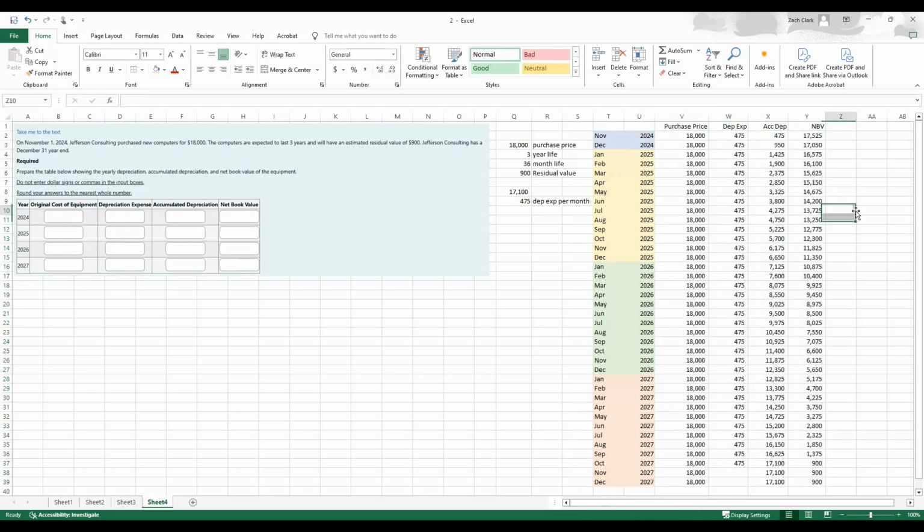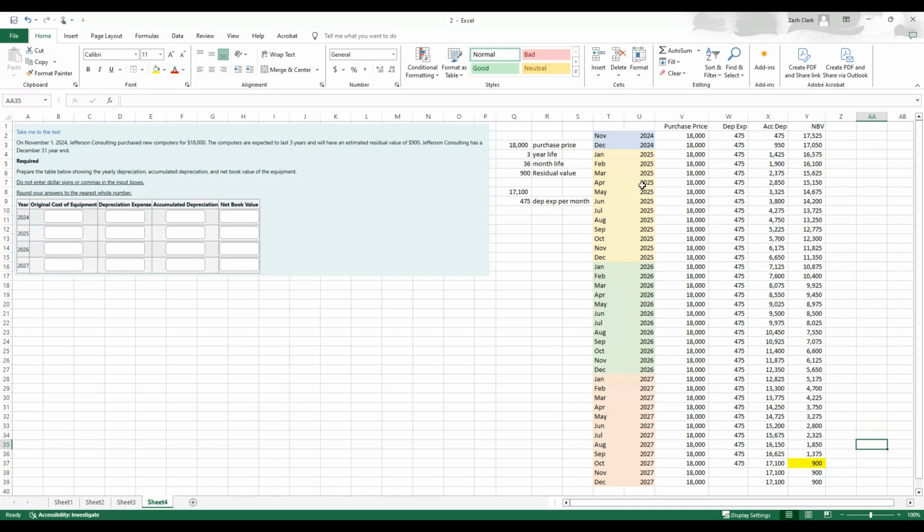It's cleaner to look at. Depreciation is the same over the full 3 years to get us to the full amount that we were going to depreciate, which is the purchase price minus the residual value. And then when you get to that 3-year mark, you end up with a residual value of $900 on your books that will just stay there forever, essentially.